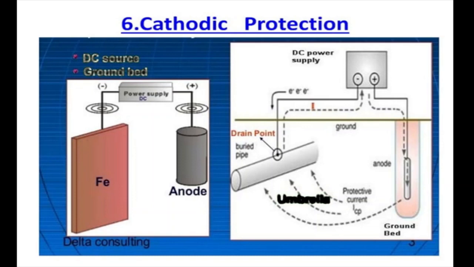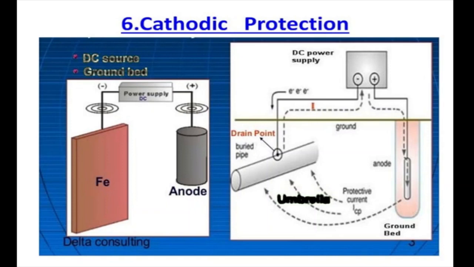This is one of the most important figures for corrosion prevention methods, which is called cathodic protection. During cathodic protection, certain underground cast iron pipelines are protected by means of this method.